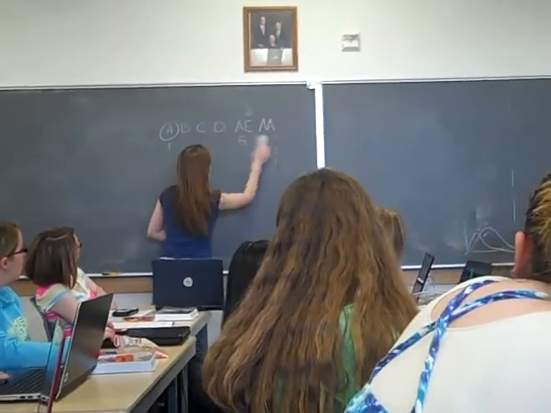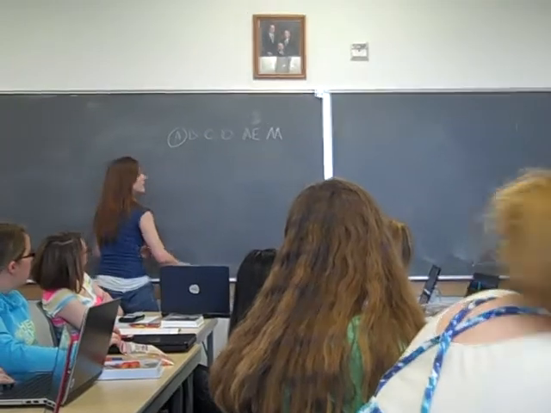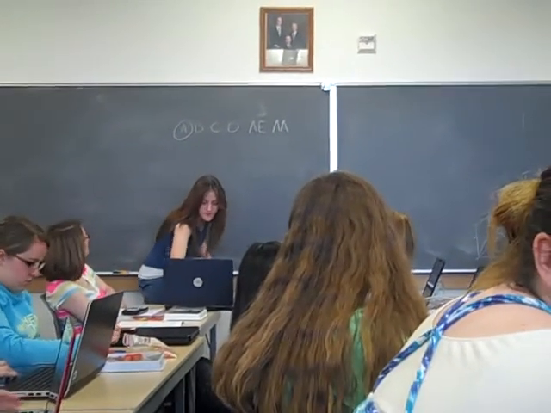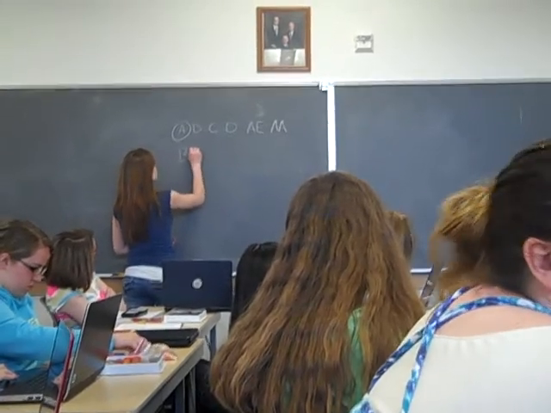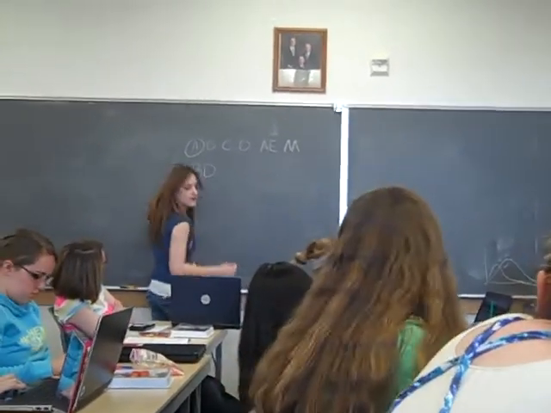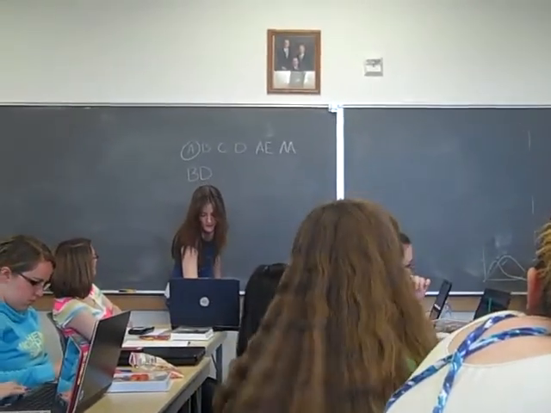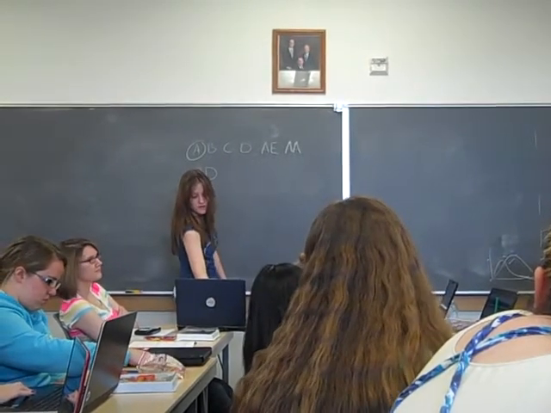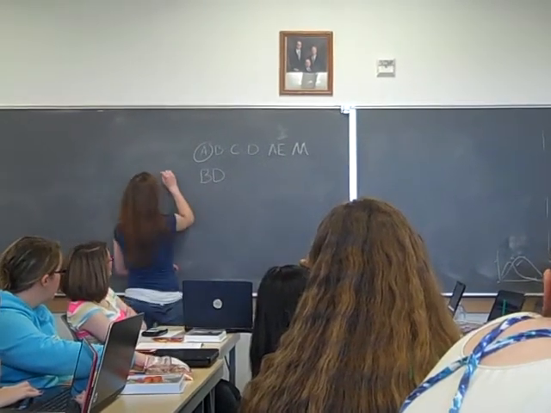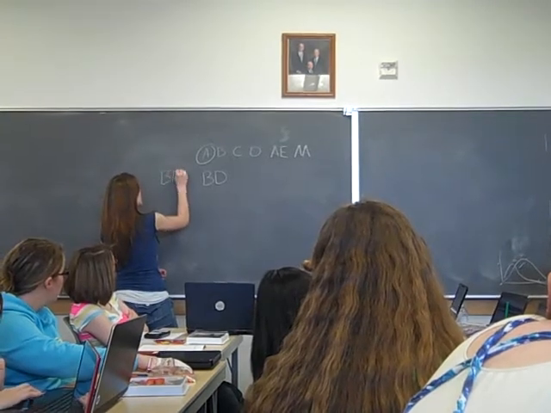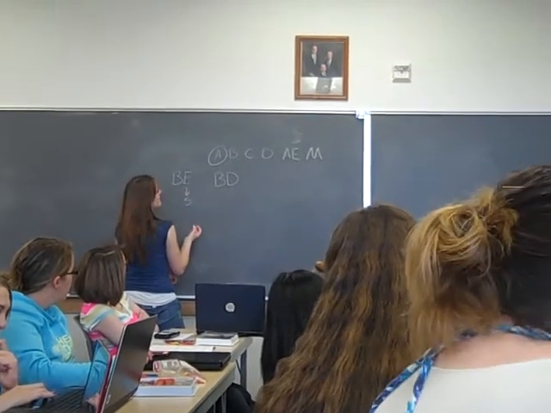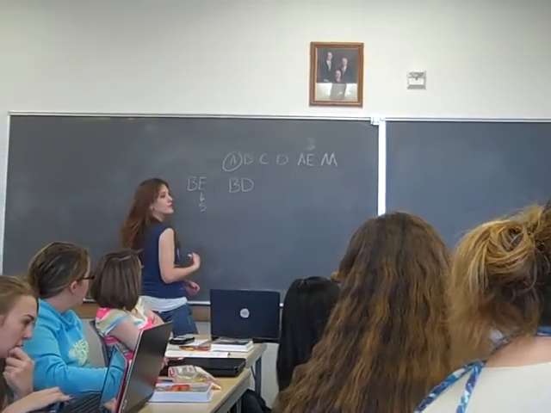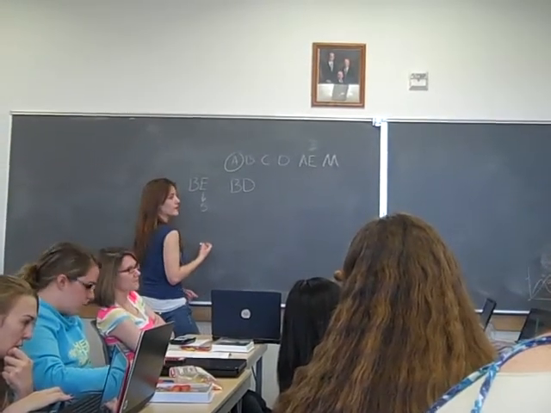If I go to a really high number, let's say BD. BD is 14. Let me explain this real quick. In BE, the E is always going to be a 5. And I found out every time there's an E, you have to multiply it to figure out what number it really is.